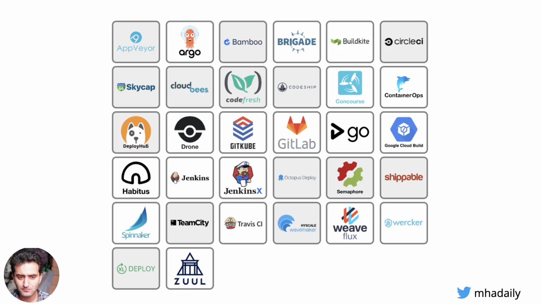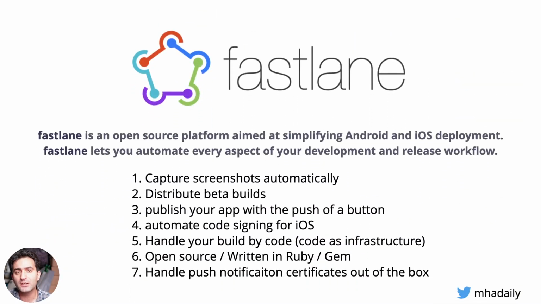But one of the nice things is for the process you define as a developer to be portable, so that if you are migrating from one CI/CD to another, or if you would like to run it on your computer for any reason, you can actually do that too. And that's why we're talking about Fastlane, a tool that makes your Android and iOS development pipelines much easier for you.